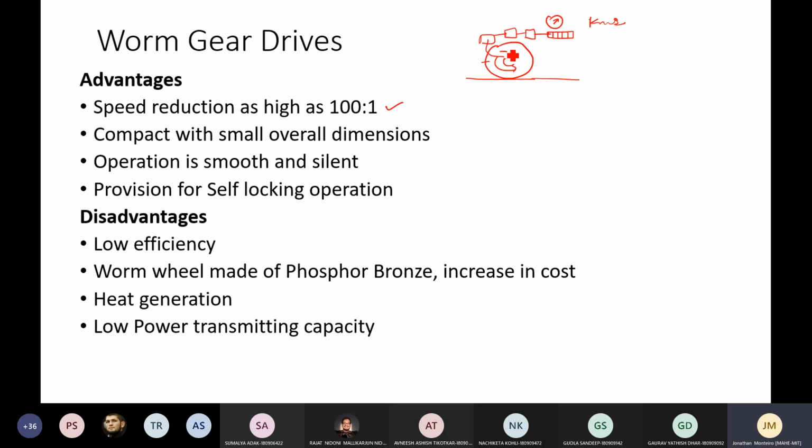So there is a 1:100 reduction here, then 1:100 here, and 1:100 here. By the time it has rotated so many times and traveled 1 kilometer, there is just one change in the dial. So to do this, you require a speed reduction as high as 100:1.